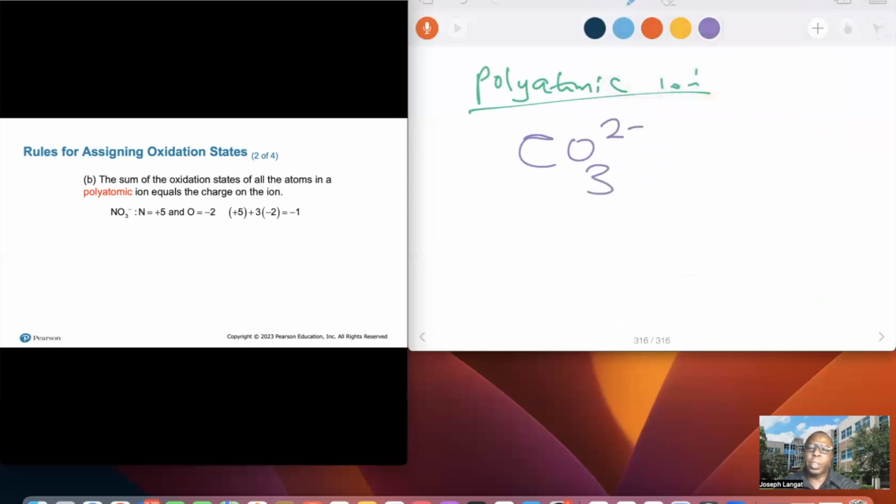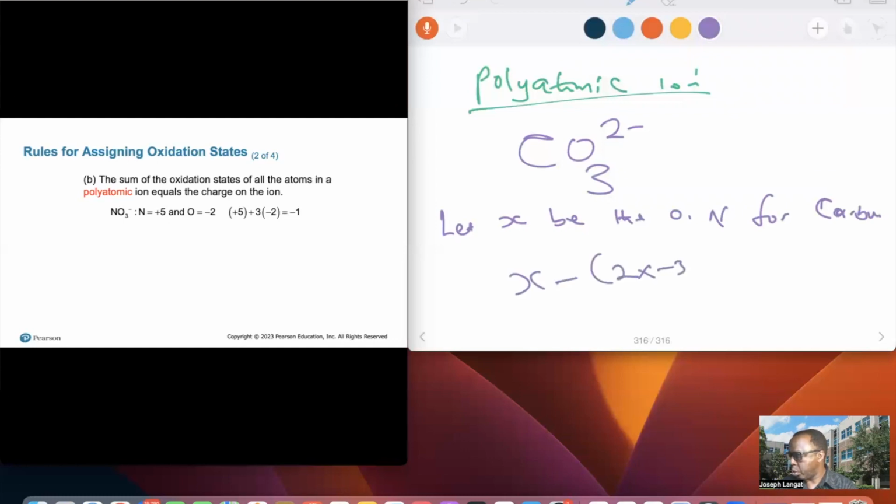If you are asked to assign the oxidation state to each one of them, you say let X be the oxidation number for carbon. So I'll say X plus 3 times negative 2, negative 2 being the oxidation state for oxygen.